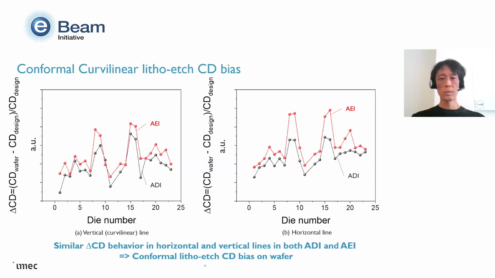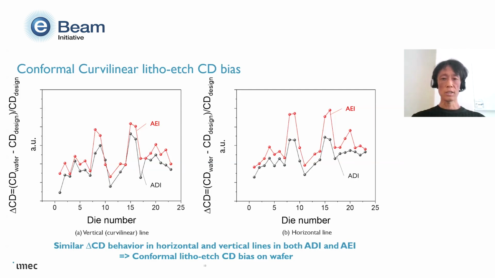So in this slide, we analyze the relationship between the lithography and the etching bias. The figure compares the CD behavior for both the vertical curvilinear features and the horizontal features. You can see a similar trend in both directions.